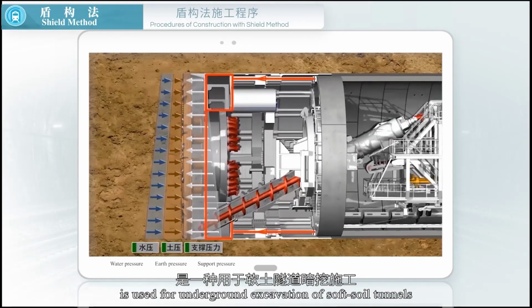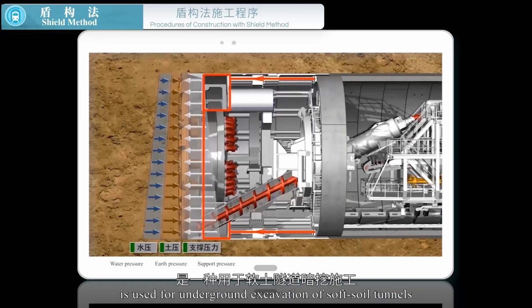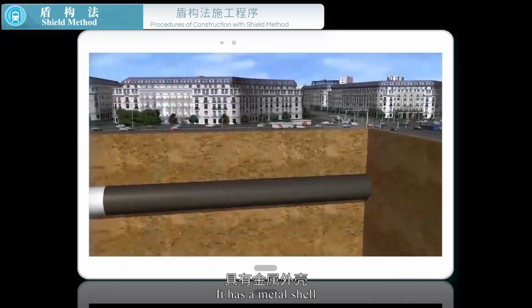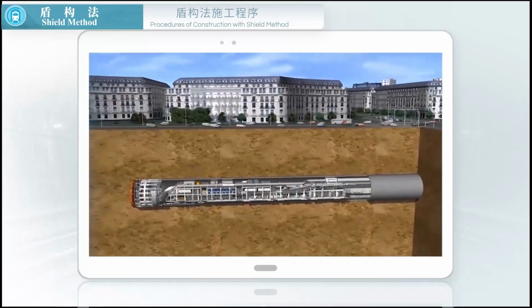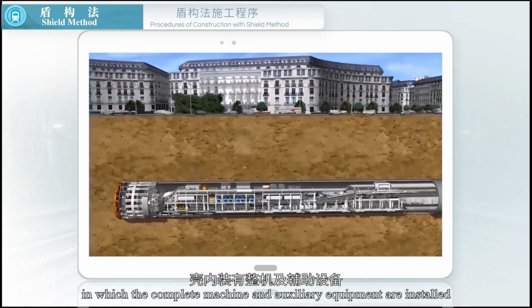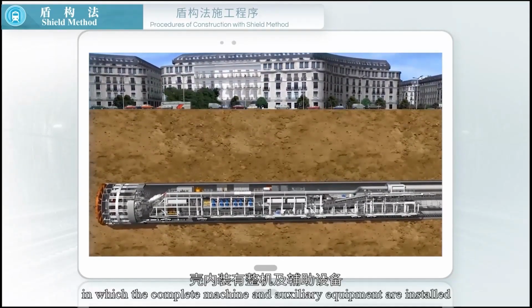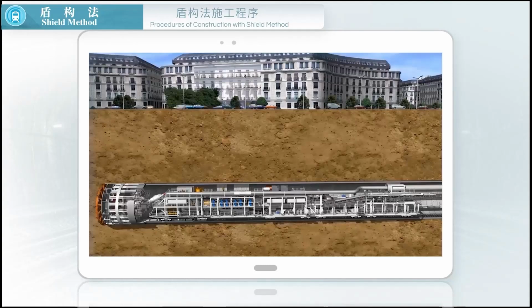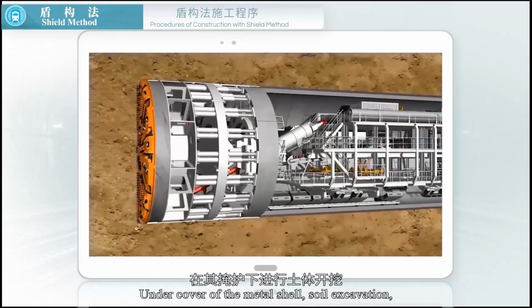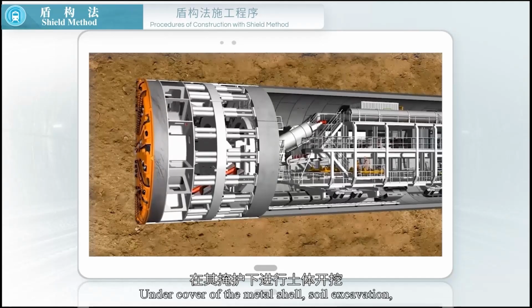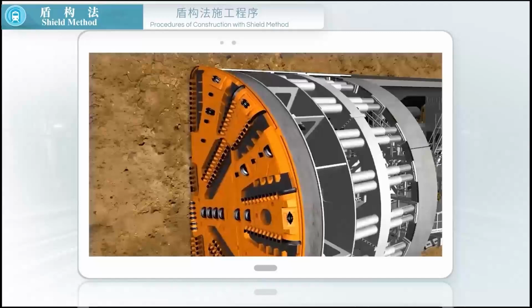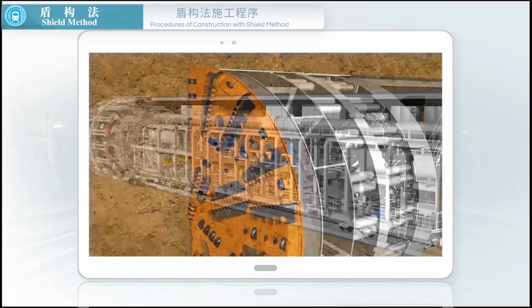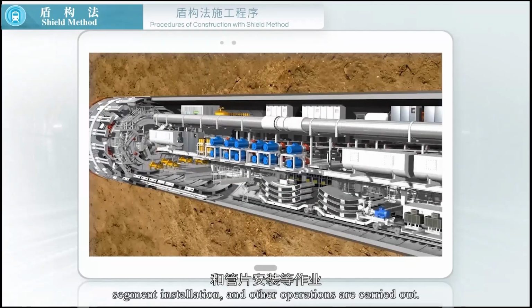It is used for underground excavation of soft soil tunnels. It has a metal shell in which the complete machine and auxiliary equipment are installed. Under cover of the metal shell, soil excavation, mucking and transportation, advancing, segment installation, and other operations are carried out.